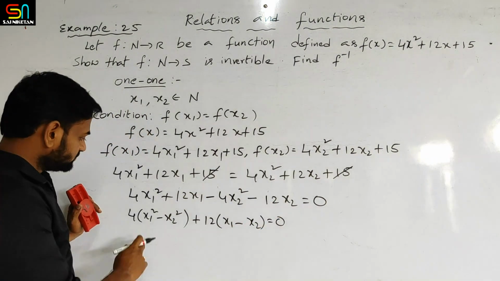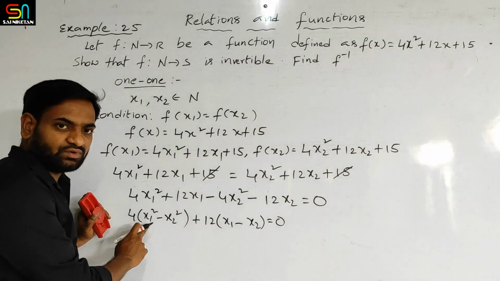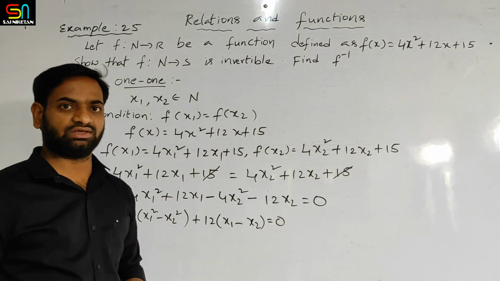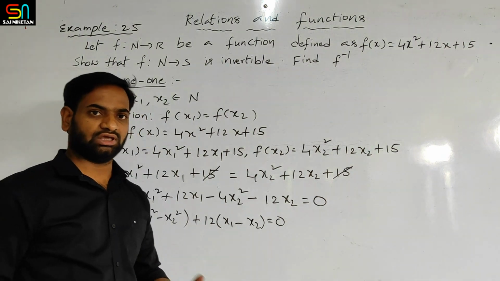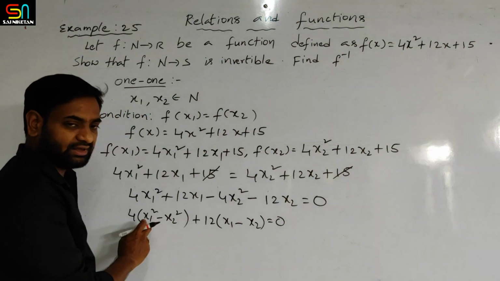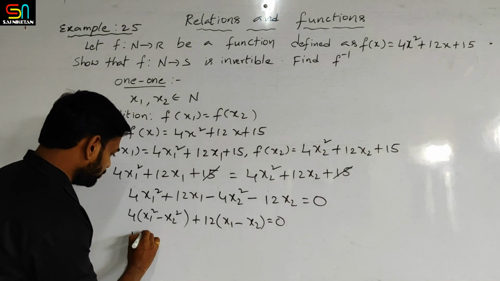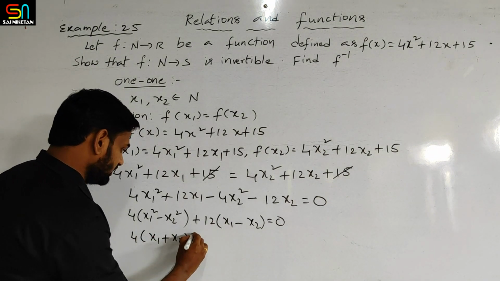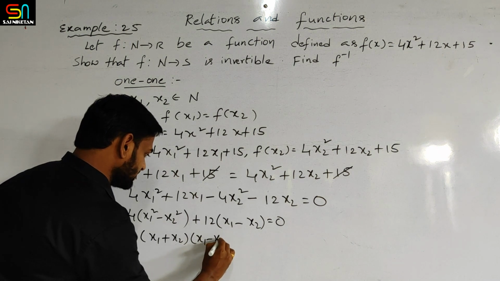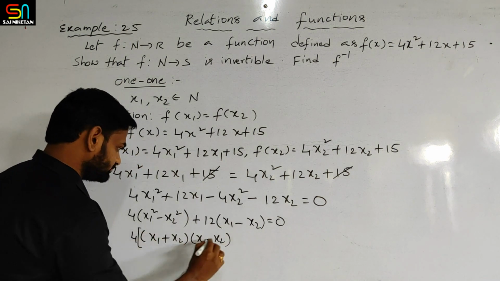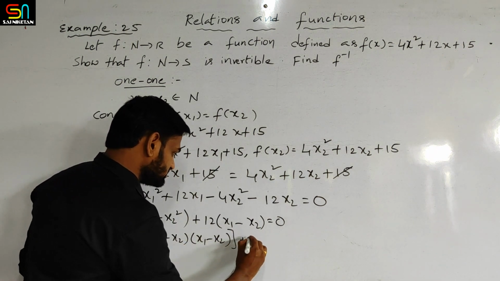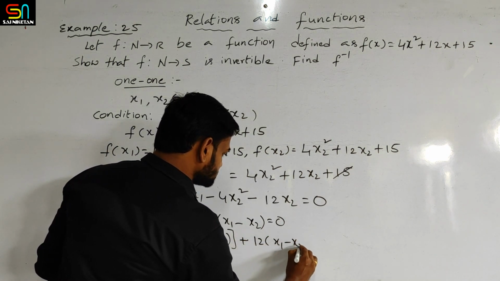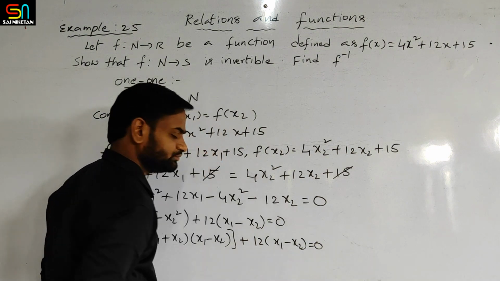Now here, it is in the form of a square minus b square. What is the formula for a square minus b square? It is a plus b into a minus b. So I am applying here, that is 4 into x1 plus x2 into x1 minus x2 plus it is the same 12 into x1 minus x2 equal to 0.